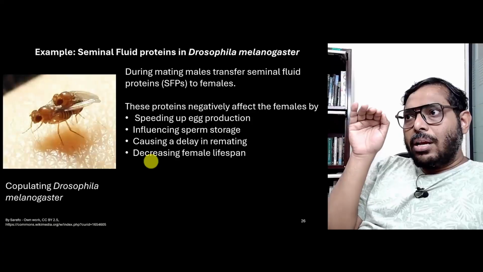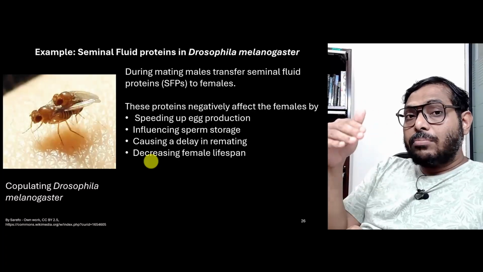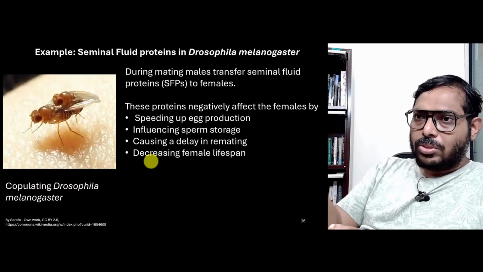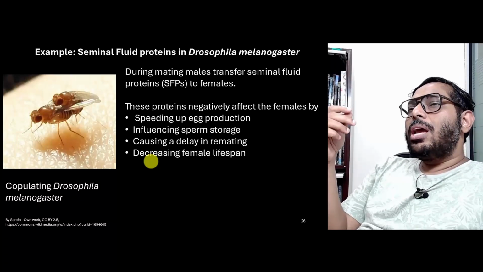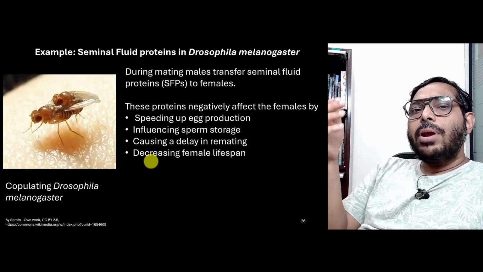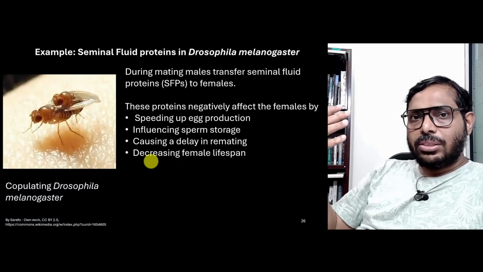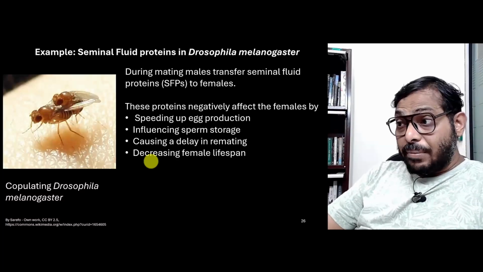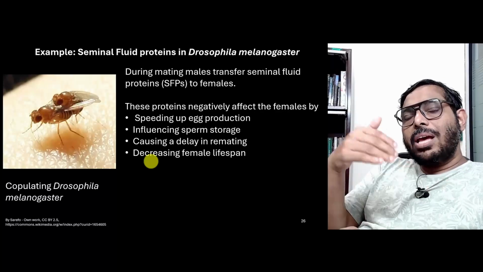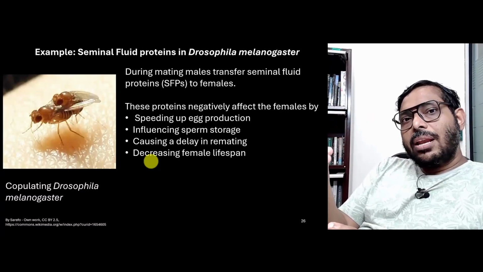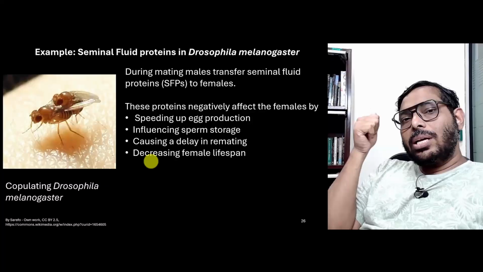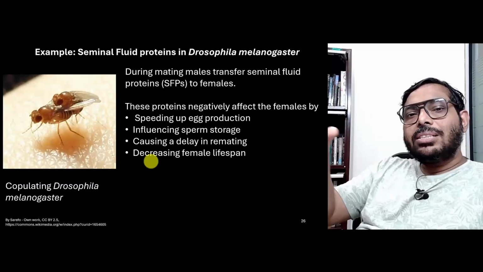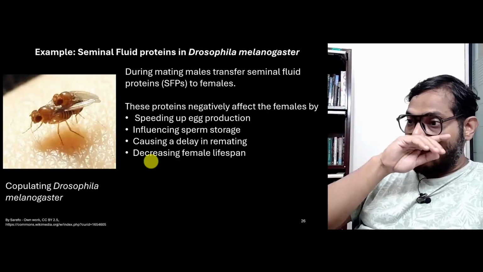On the other hand, there is something known as last male preference in Drosophila females, which means that the male which has mated last in a sequence, that male's sperm typically will end up fertilizing more eggs. So, if you speed up the egg production, then the chances of the male who has just now mated, that male's sperm fertilizing a lot of eggs, goes up.